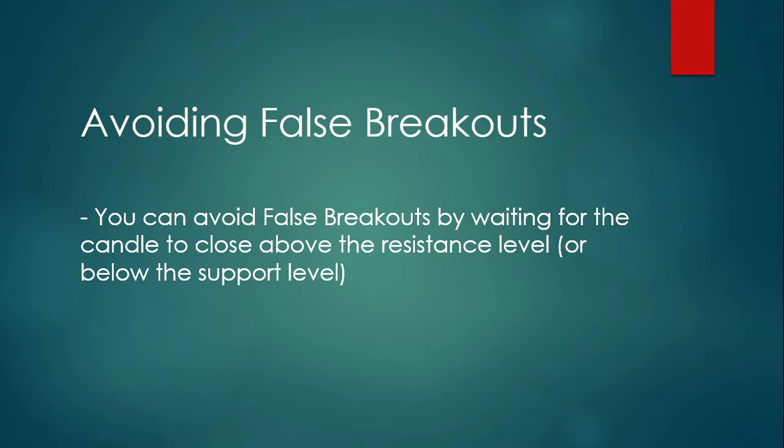Or if you're shorting, sorry if I'm confusing any of you that don't know what shorting is, I'll get into this later. Basically, you're just betting for the price to fall. So if you're shorting, you'll be looking for the candle to close below the support level. But if you're going long, i.e. basically hoping that the price will increase, you look for a candle to close above a resistance level, okay?